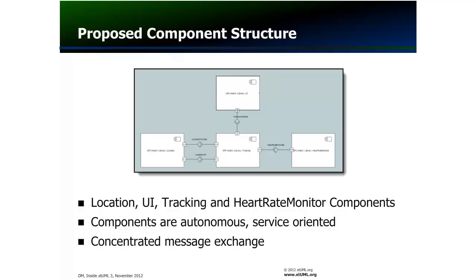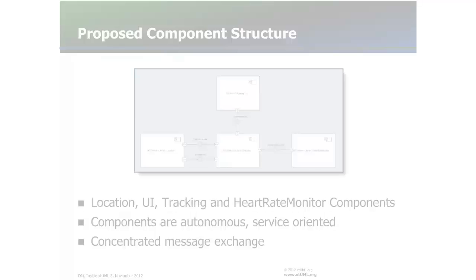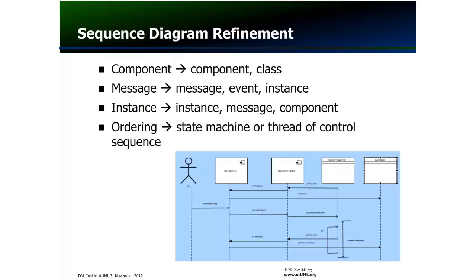Also, the message exchange between components is concentrated to a small number of ports with simple interface definitions. Between components, messages are passed, and here sequence diagrams are valuable to identify message clusters that should be combined into an interface definition. With these details, we are now ready to complete our analysis model by documenting the system interfaces.